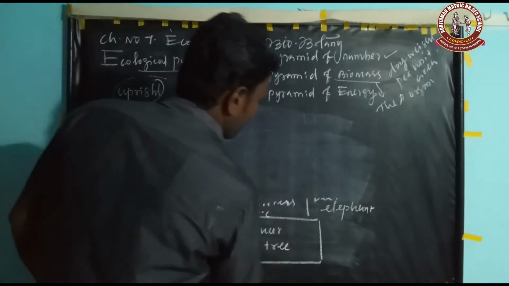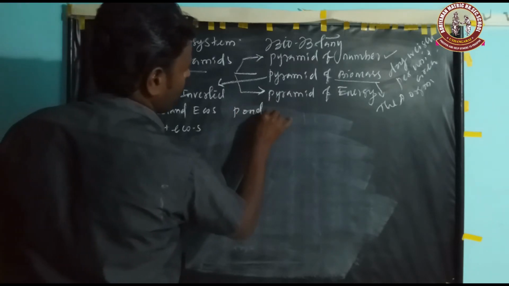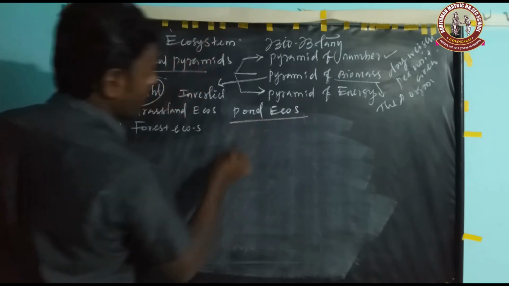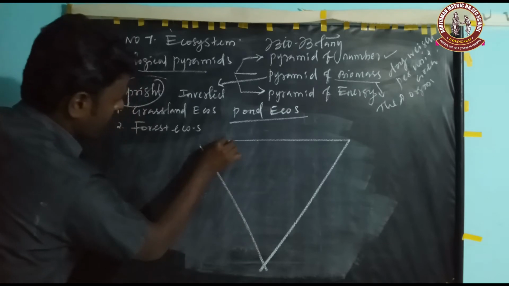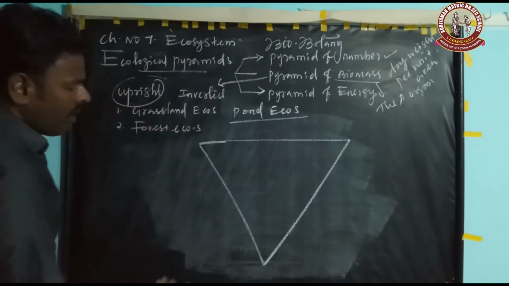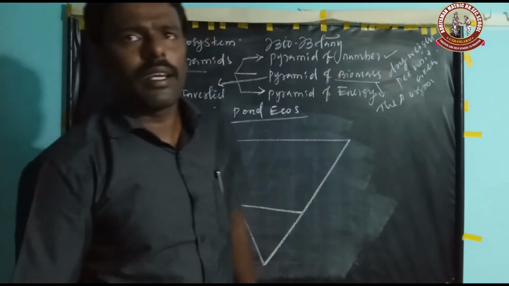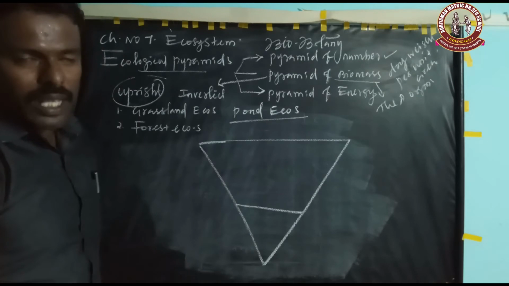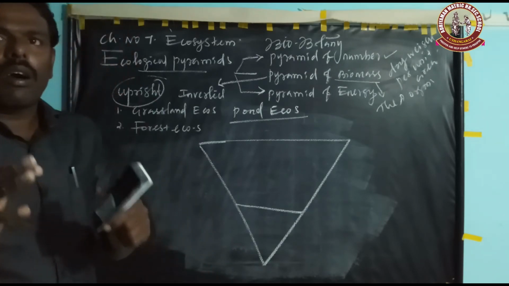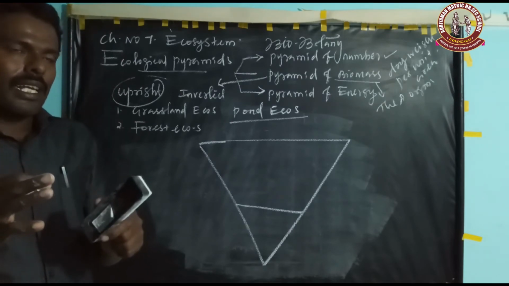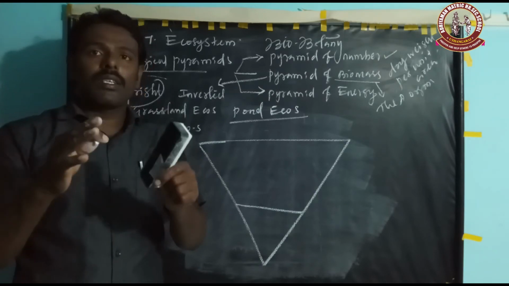For example, the pond ecosystem. In the pond ecosystem, the pyramids are inverted. The producers are very small organisms, possessing low biomass.